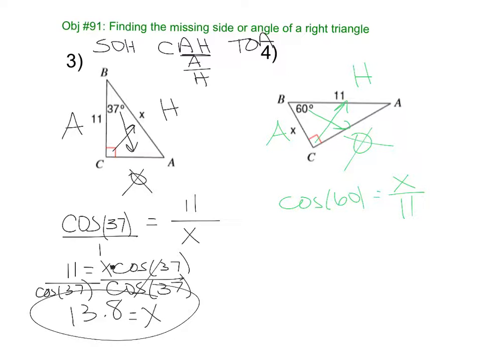This one, the X is on top, so it's only one step. Cross multiply, X equals 11 cosine of 60. Remember, you cannot multiply the 11 and the 60. The 60 is stuck in those parentheses. Plug that in your calculator exactly the way you see it, and we get 5.5. And we are done.